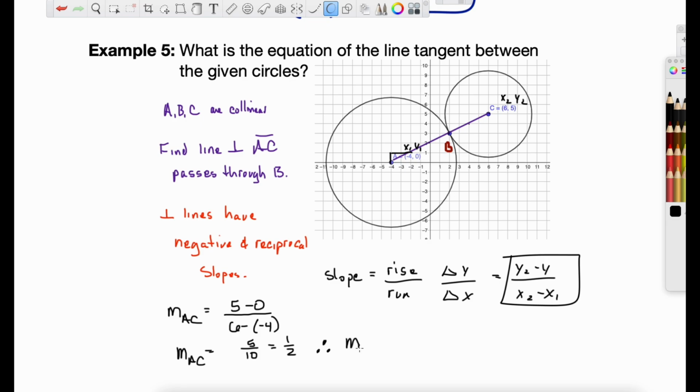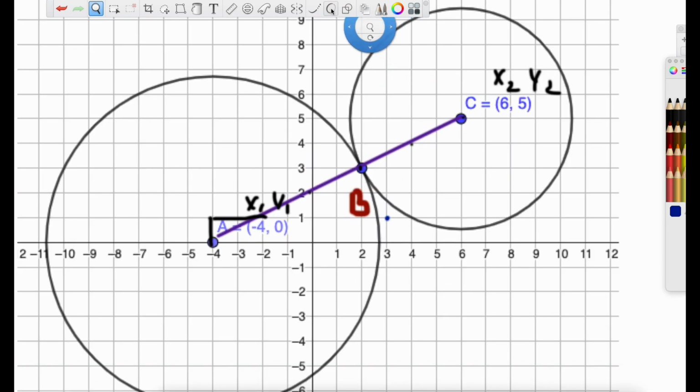Okay, so therefore, our perpendicular slope is going to be the negative and reciprocal of this slope. This is a positive number, we're going to make it negative, and we're going to switch the numerator and the denominator. That's what reciprocal means. So now we can go from our point B and count off our slope of -2 over 1. We go down 2 over 1, down 2 over 1, down 2 over 1.